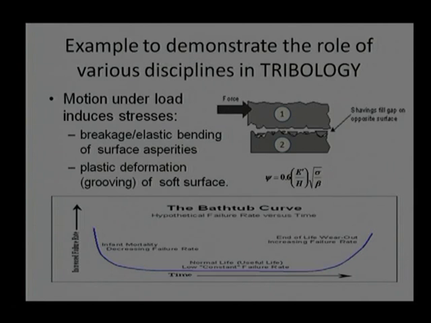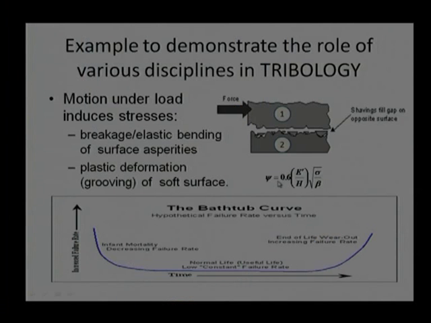but lubrication itself is a subjective term: thin film lubrication, thick film lubrication, or just partial lubrication. To quantify all this, we can define a parameter called the plasticity index.